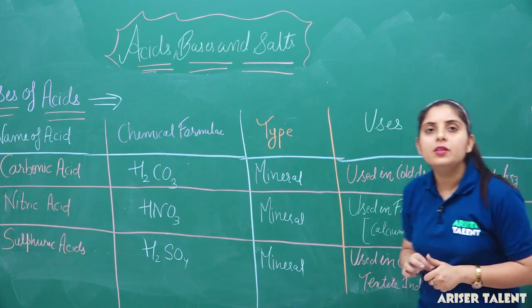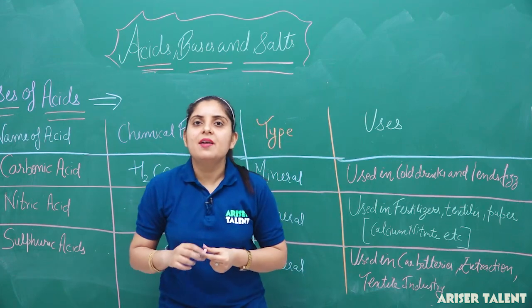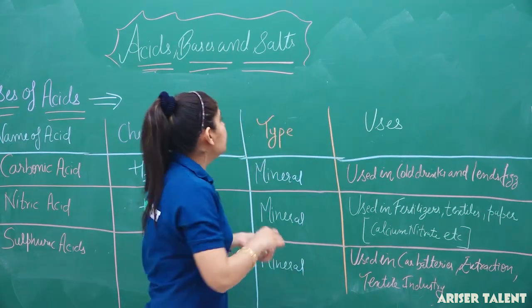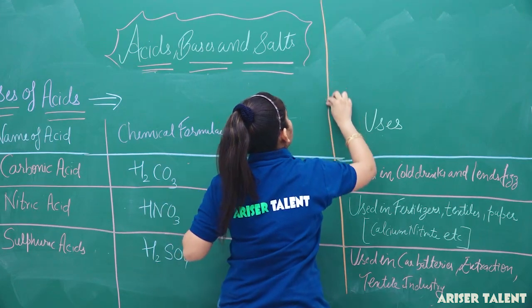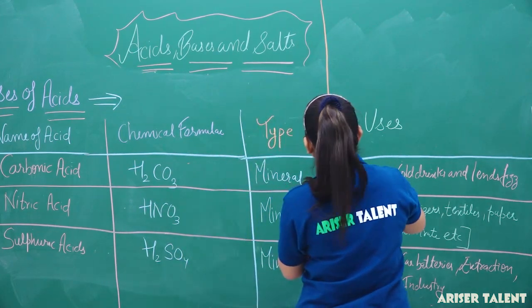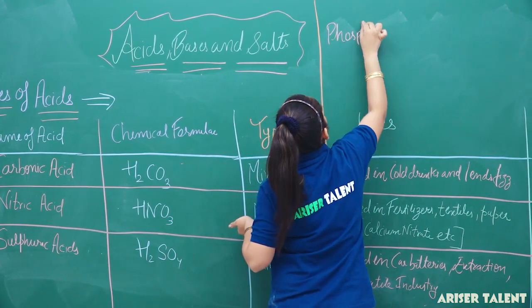Now we have our fourth category of the acid, that is phosphoric acid. Phosphoric acid is having a formula H3PO4. So I am writing it here. Our fourth category of acid is phosphoric acid.